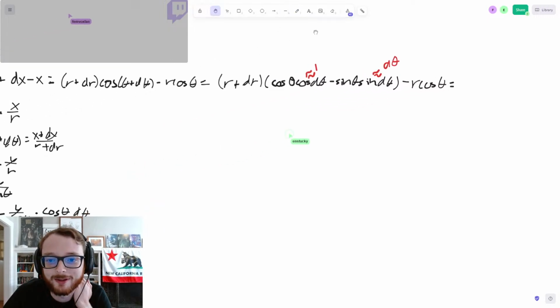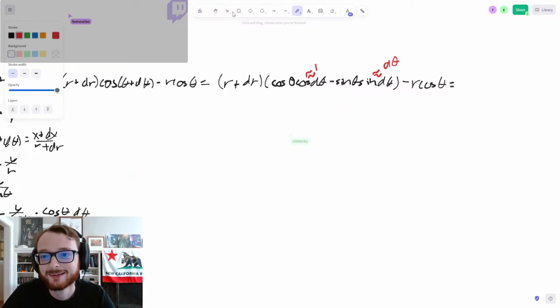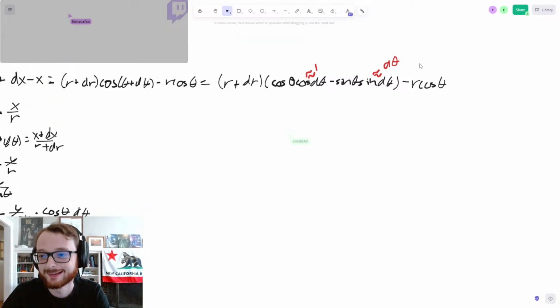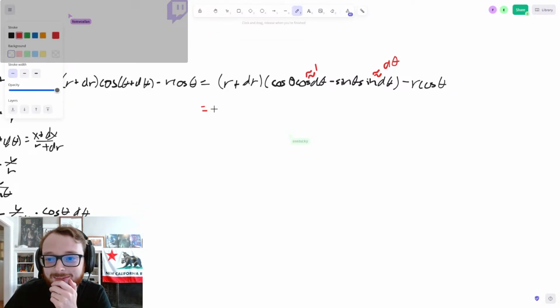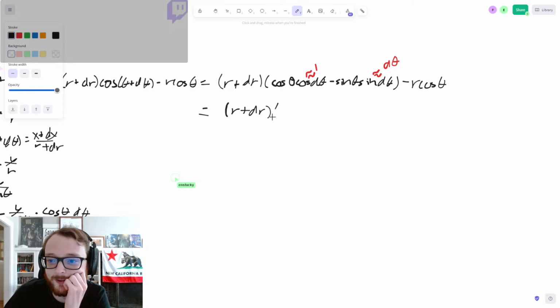Okay, I feel like I want to go vertically now. Ugh. I feel like this is not the right path, but I don't know what else to do if not all this crazy trig stuff. r plus dr times cosine theta minus sine theta d theta minus r cosine theta. So the r cosine theta terms at least go away.